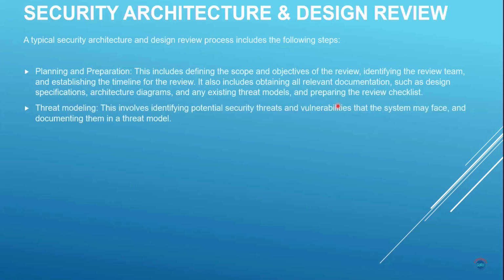The next step is to perform the threat modeling. During the threat modeling, the potential security threats and vulnerabilities that a system may face are identified. It is also accompanied by creating a checklist where all the inputs given by the project stakeholders are documented along with other questions that we as a security team should ask the project stakeholders.